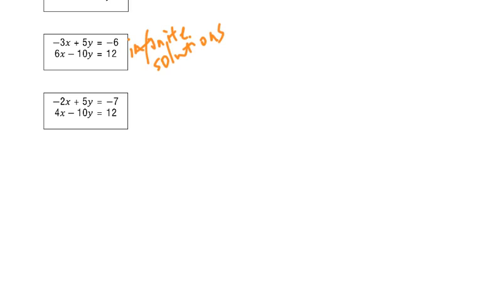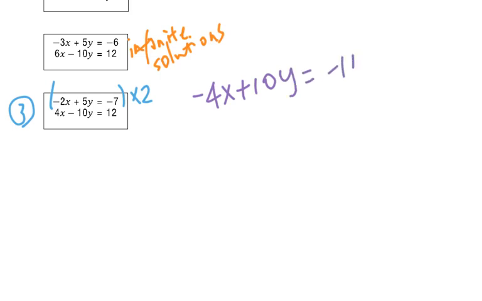Now let's go to the third one. Okay, same thing. It's standard form. I would multiply by 2. So I would get negative 4x plus 10y equals negative 14. Then I bring this one over here. I got 4x minus 10y equals 12.